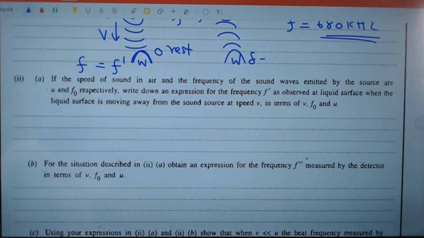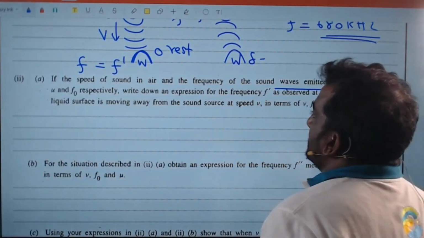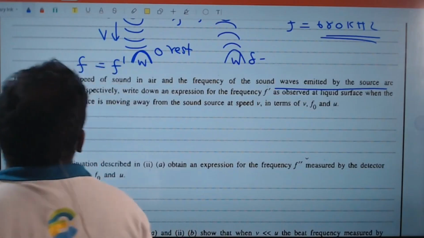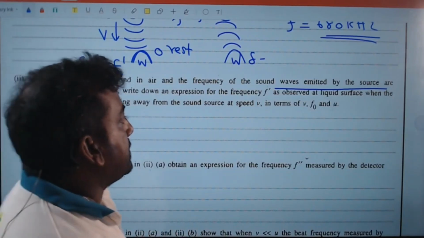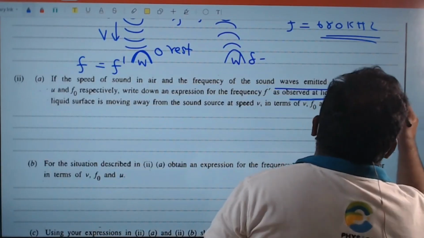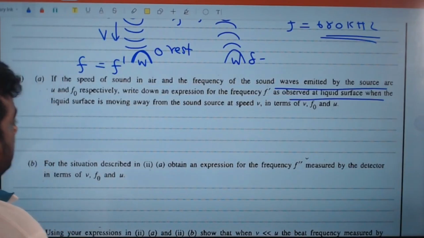Next one. If the speed of sound in air and frequency of the sound waves emitted by the source are u and f naught respectively, write an expression for the frequency f dash as observed by the liquid surface, when the liquid surface is moving away from the sound source with a velocity v.